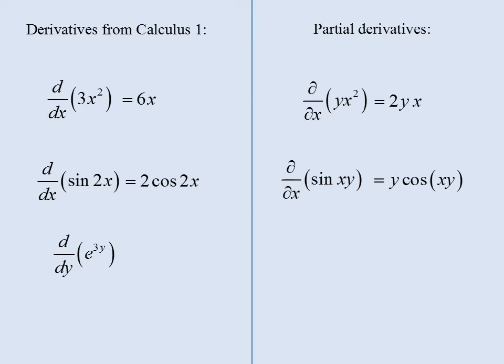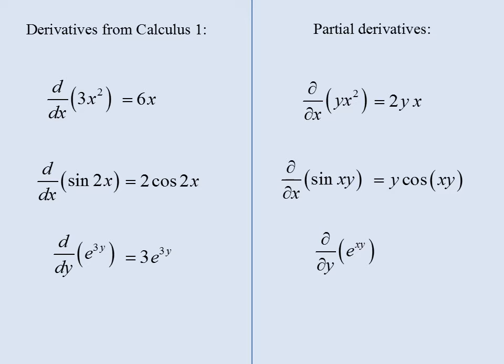Here's another one. The derivative with respect to y of e to the 3y would be e to the 3y times the derivative of the 3y. And here's what it would look like with functions of two variables. We've got x's and y's.